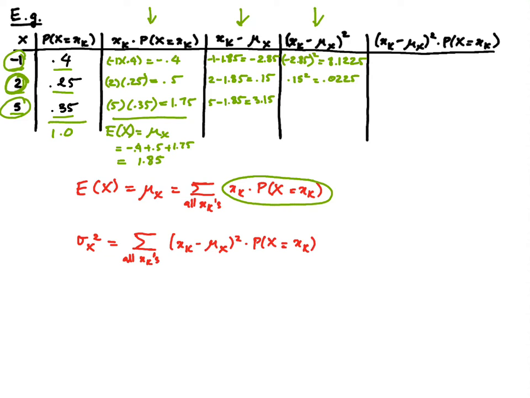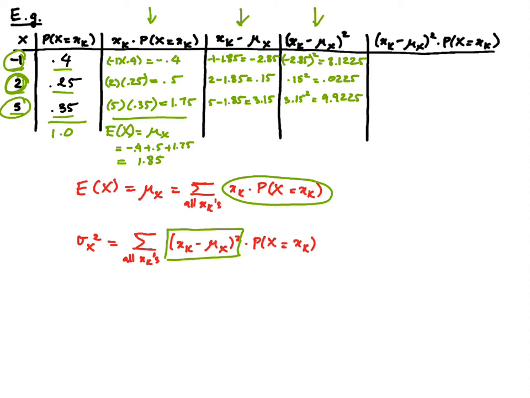And then we have 3.15 squared, and that gives us 9.9225. Now note that the numbers in this column are these in the formula, so it's the xk minus mu of x all squared.